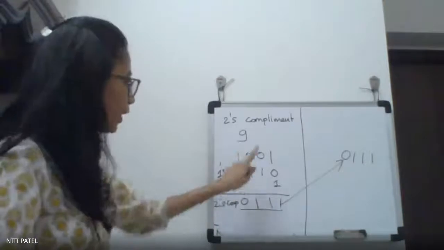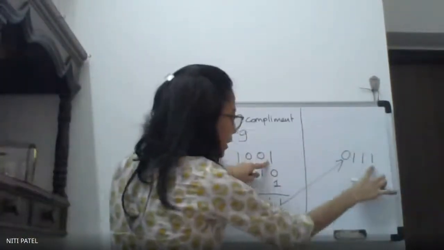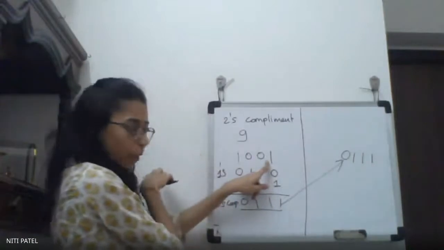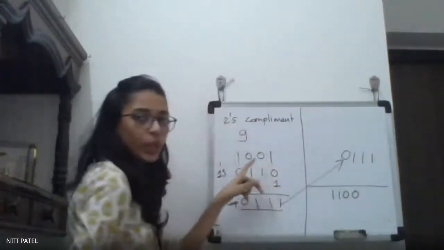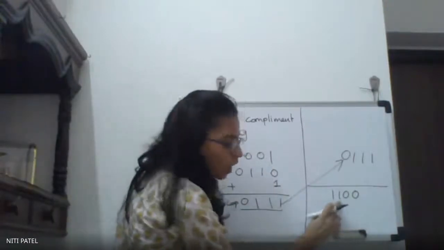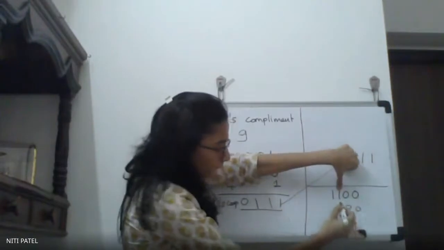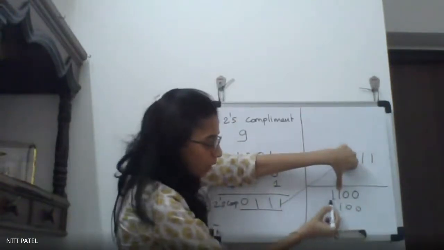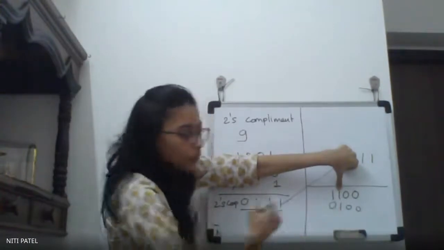Yes. So if you have 1 at the first position, keep it as it is and change the remaining numbers. But if you have a number like this, where you have 1 at the third position, then up till there you copy the number as it is and only change the numbers ahead of it. So the complement of 1 will become 0.